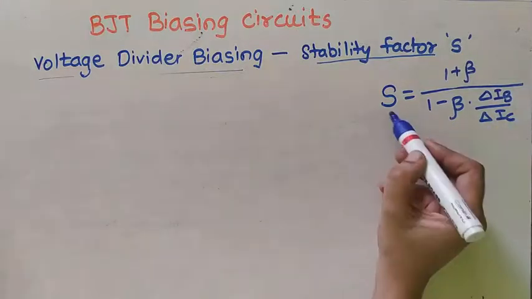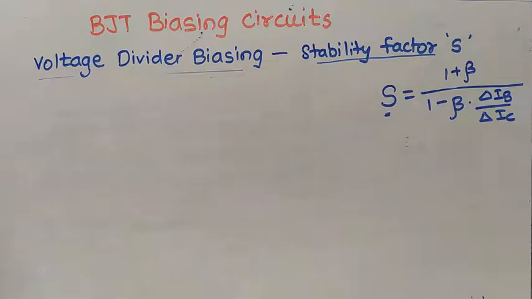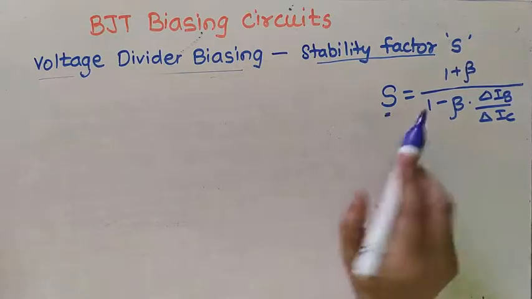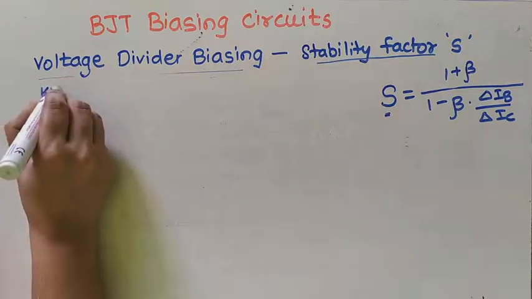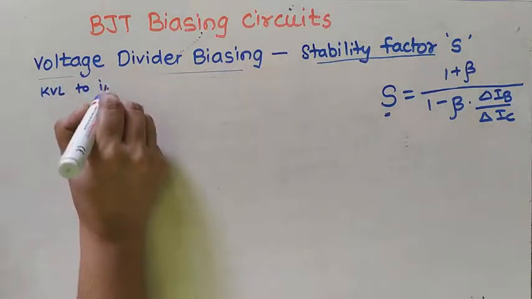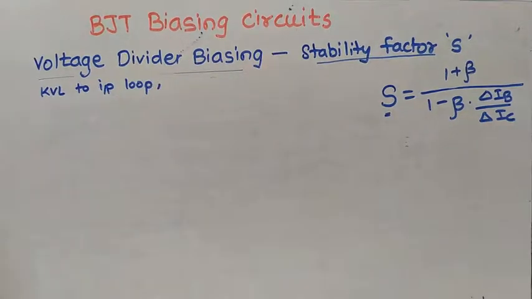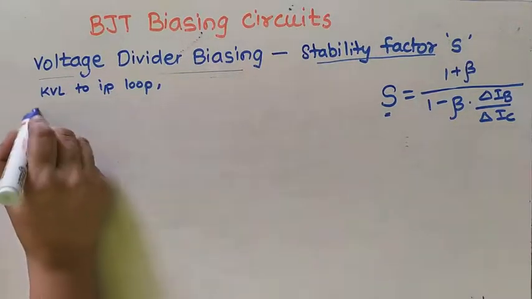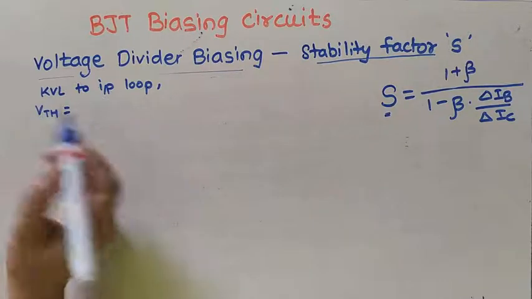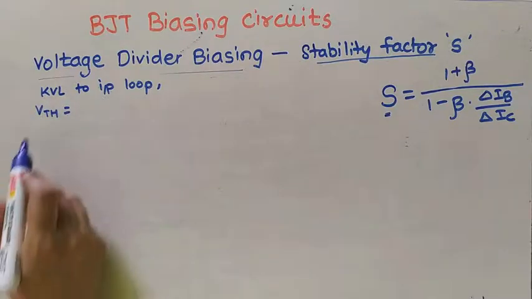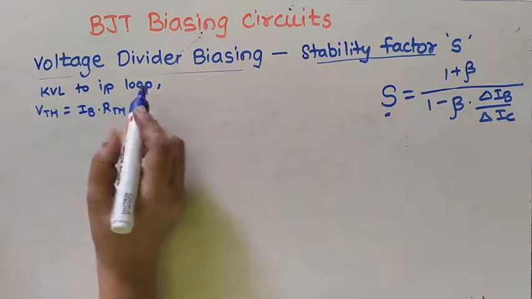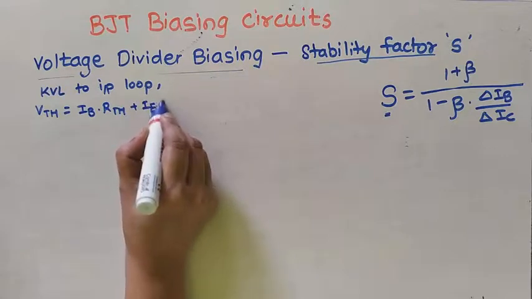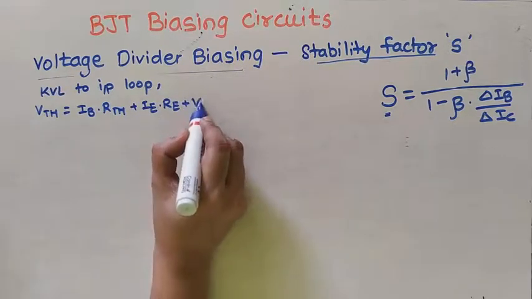You can get this derivation from the second session. I'll use this as it is, and only show the initial stages of how to do it. First of all, we have to apply KVL to the input loop. From the previous slides, VTH is equal to IB into RTH plus IE into RE plus VBE.